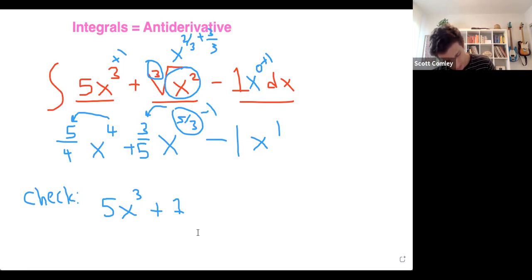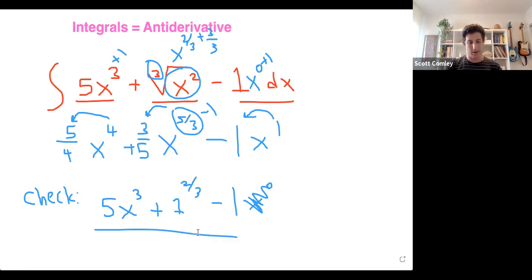So that would be 2/3, which is how we have it up top. And then 1 times 1 is just 1, or 1 times -1. And we're going to take 1 away. So actually that just goes away. So we're back to where we started: 5x to the third plus the cube root of x squared minus 1.